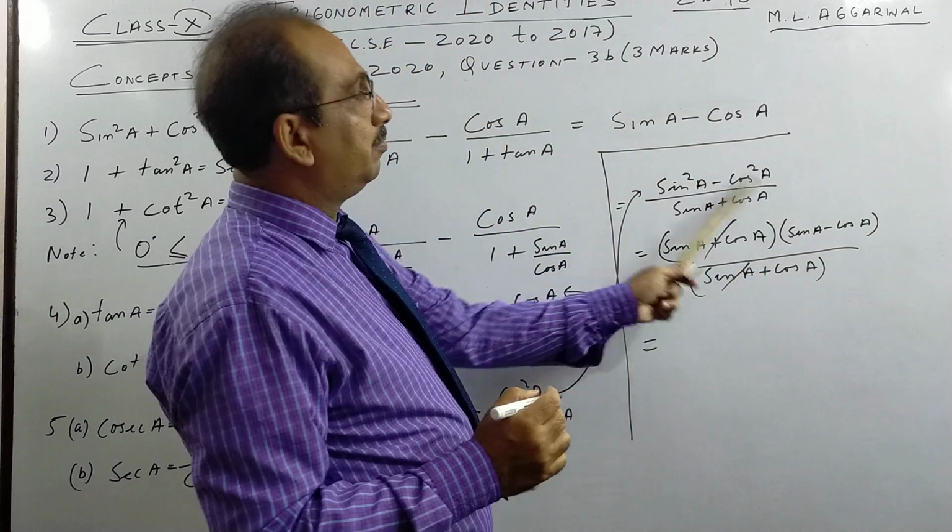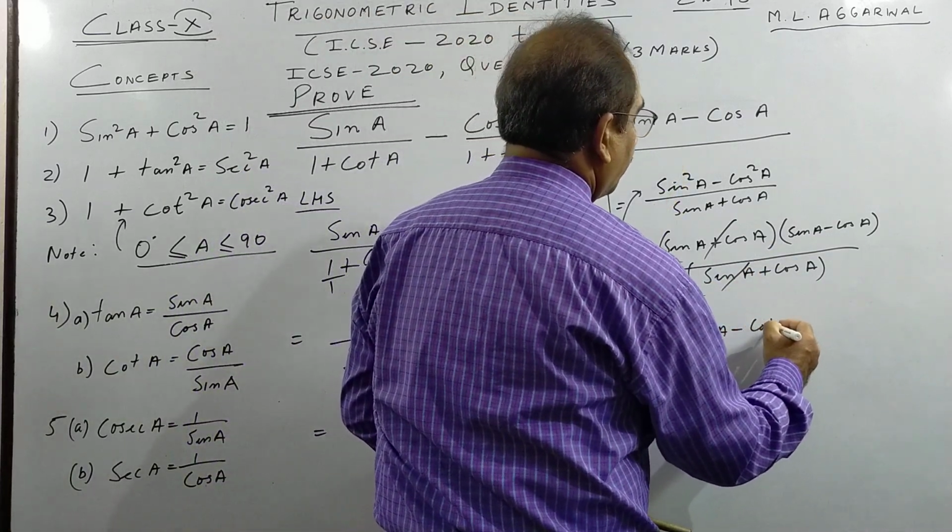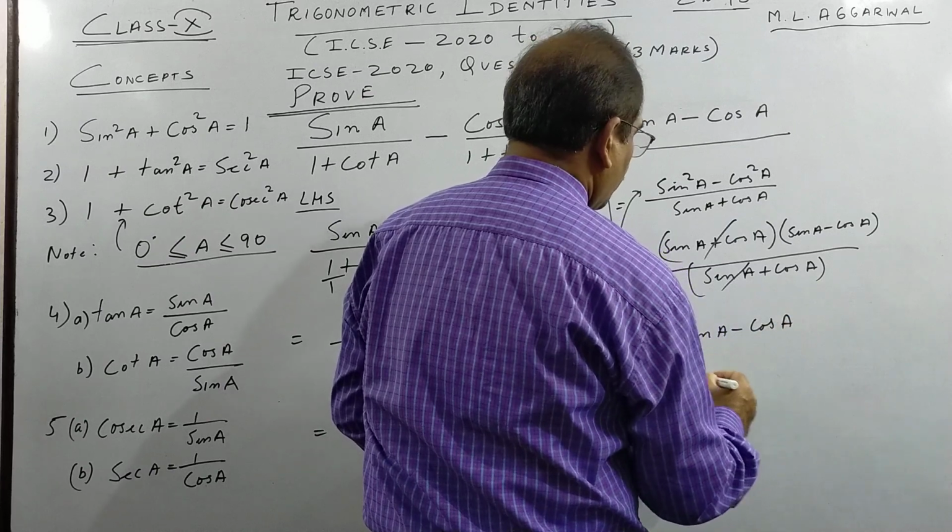We get sine A minus cos A, which is what we were supposed to prove.